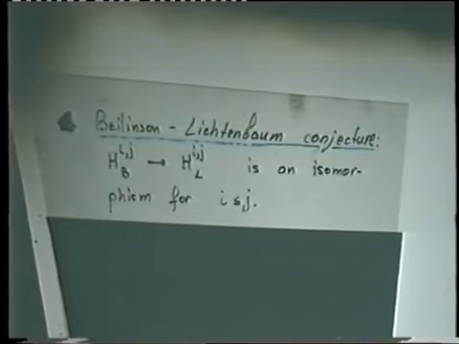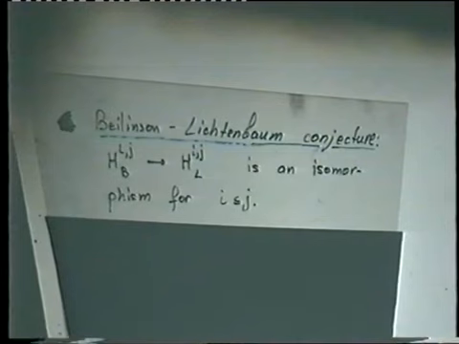The natural transformation from Beilinson cohomology to Lichtenbaum cohomology is an isomorphism when the first index is less than or equal to the second. It should be noted that they are very much not isomorphisms when the first index is greater than the second, which is where the whole problem, of course, is.